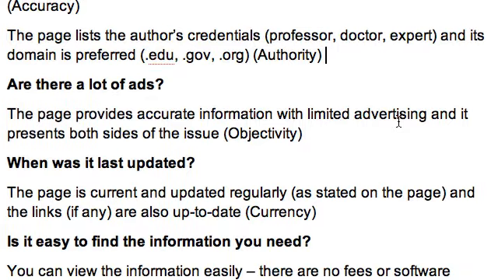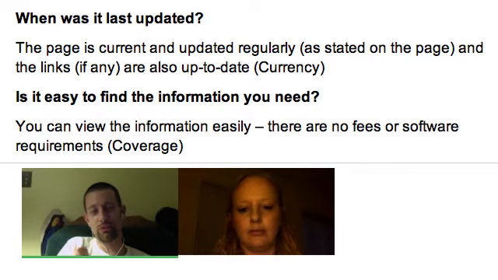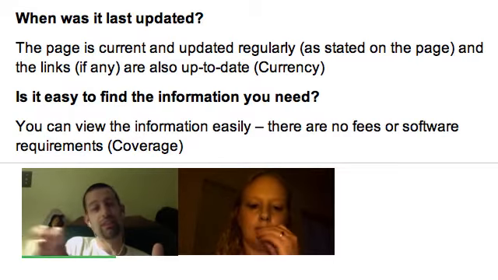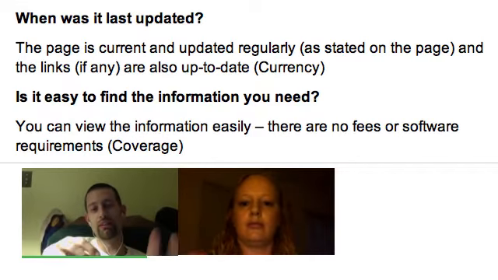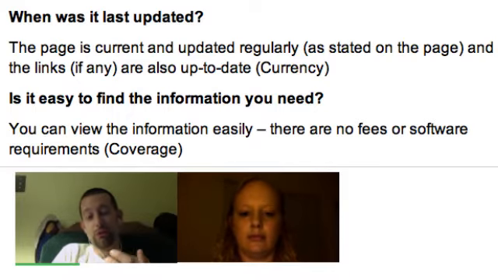You want to look at when it's last updated. In academic research, you want to look at how recent it is, because the further back it goes, the less reliable generally it is, because there may have been some research that has happened since then that would supersede or override the article that you're reading now. You want to look whether it's easy to find the information, whether you have to pay for it.